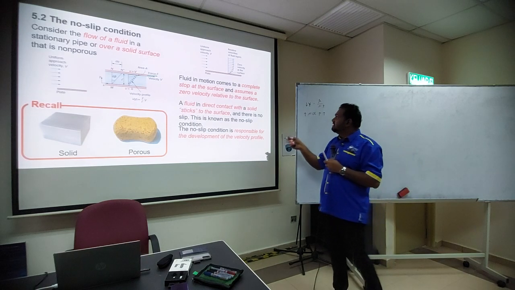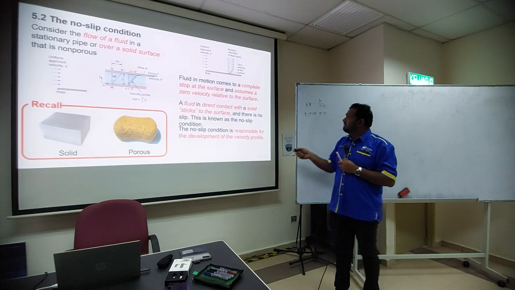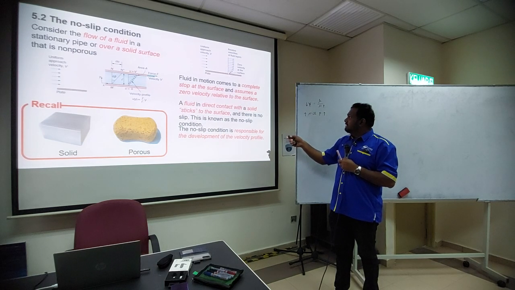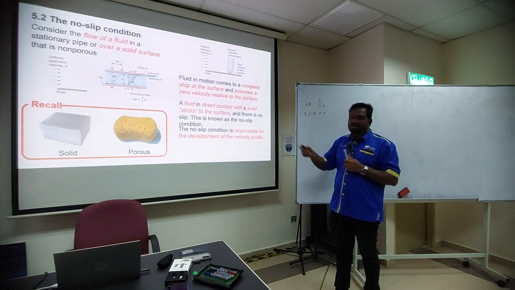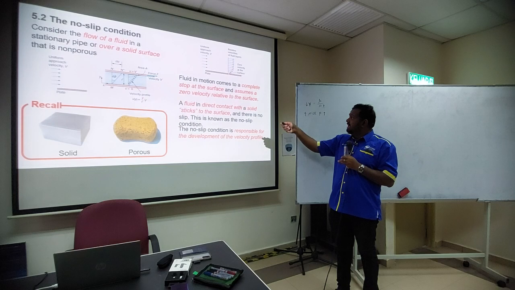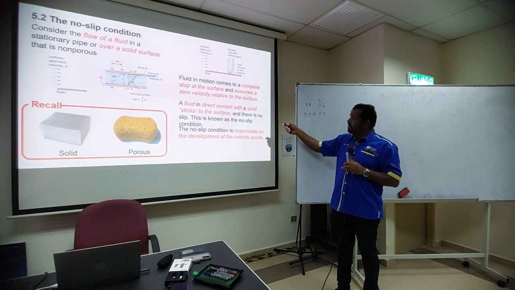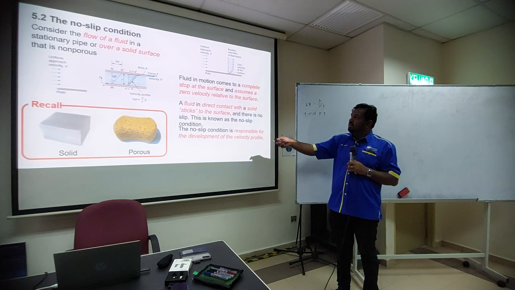Fluid in motion comes to a complete stop at the surface. So at this point there is zero velocity at the surface, because the fluid is touching the surface. We call it the zero velocity point or no slip condition.